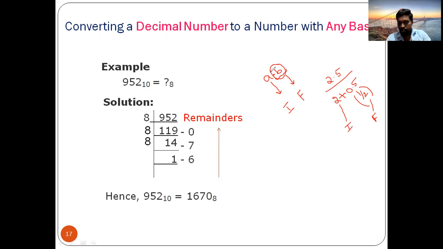Suppose the fractional part is absent, then this is the method. Here you are not finding any fractional part. So this is the example. Suppose the fractional part is there, then how to solve that? That is the next example.